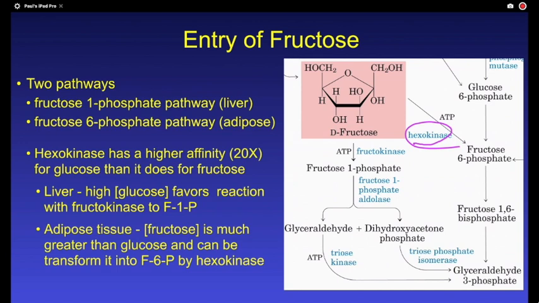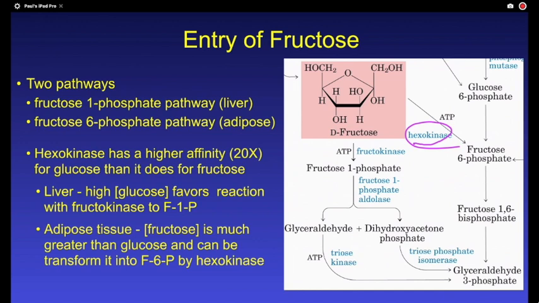Well, I told you hexokinase wants to bind glucose, right? And actually it has 20 times more affinity for glucose, so if glucose is ever around, it will never bind fructose. Only in the fat cell, in the adipose tissue, will fructose ever become high enough in concentration with absolutely no glucose, and it gets worked on right here.